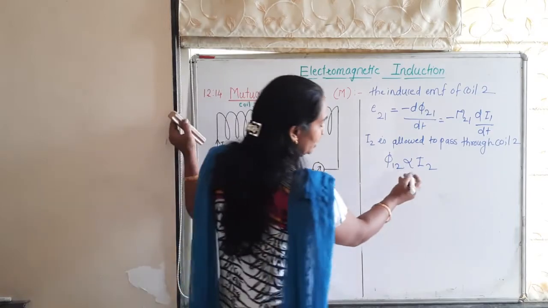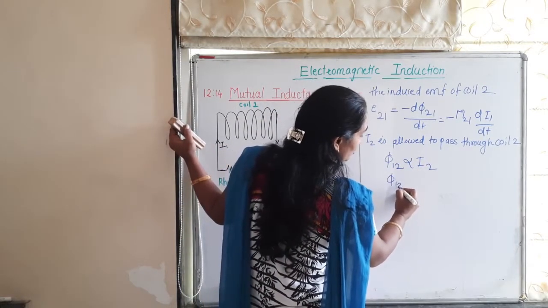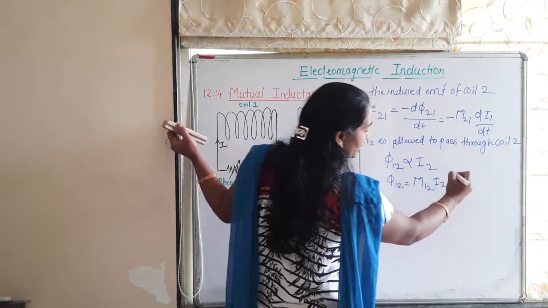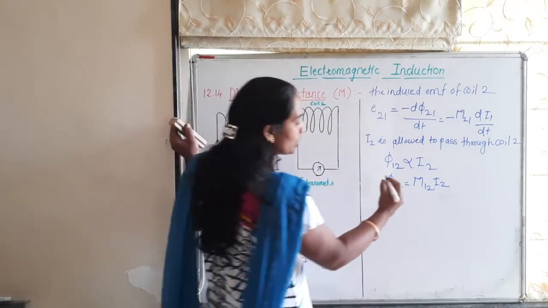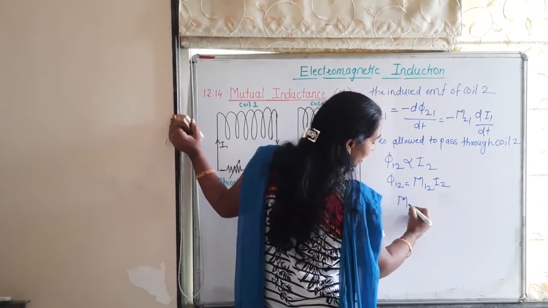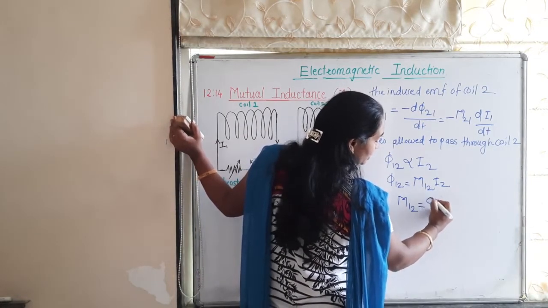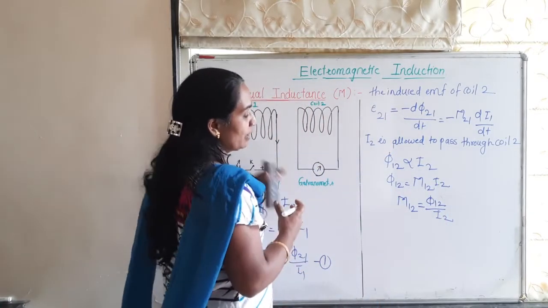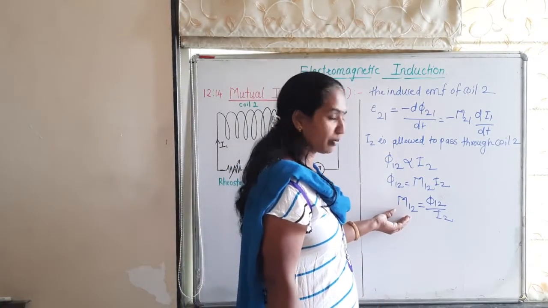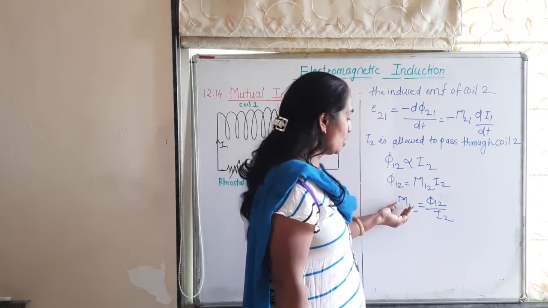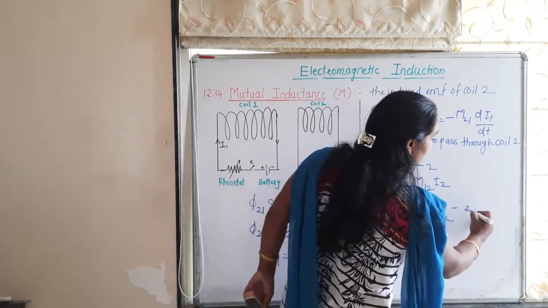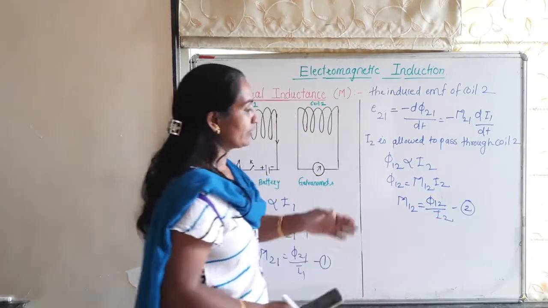After the proportional sign there is a constant, so phi 12 equals M12 into I2. This equation can be written as M12 equals phi 12 upon I2. This is the formula for the mutual inductance M12. This is equation 2.